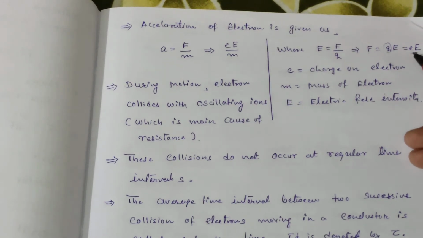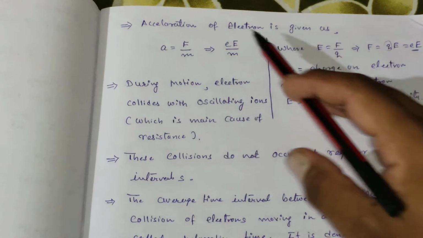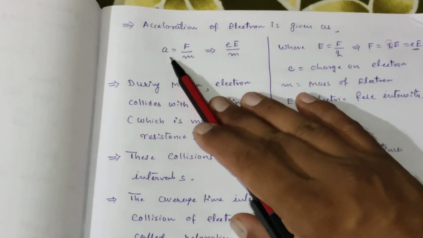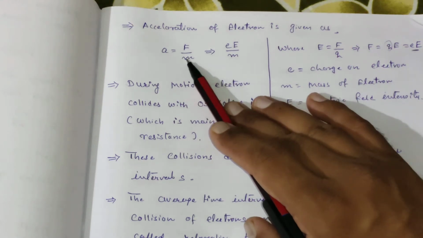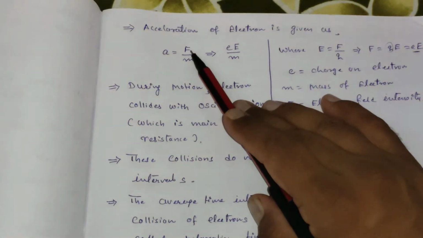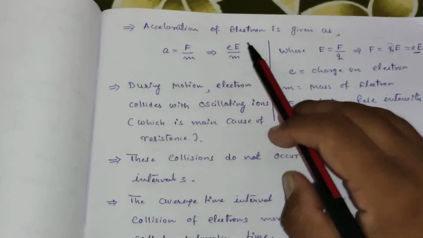So F equals qE. Now again back to our main equation, the acceleration is a equal to F upon m, where m stands for the mass of an electron, and the value of F gives a equal to qE upon m.